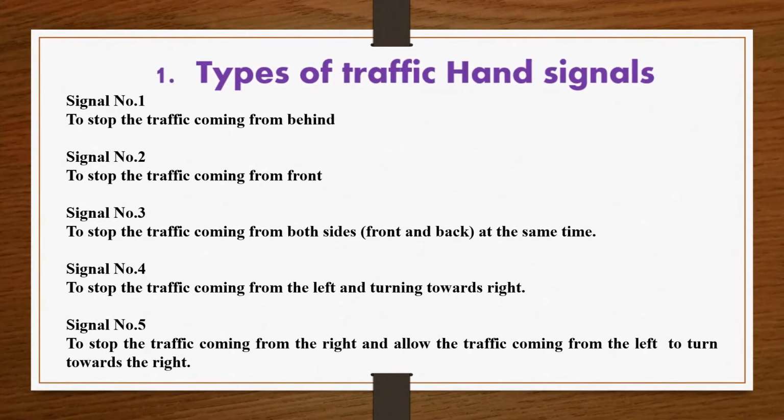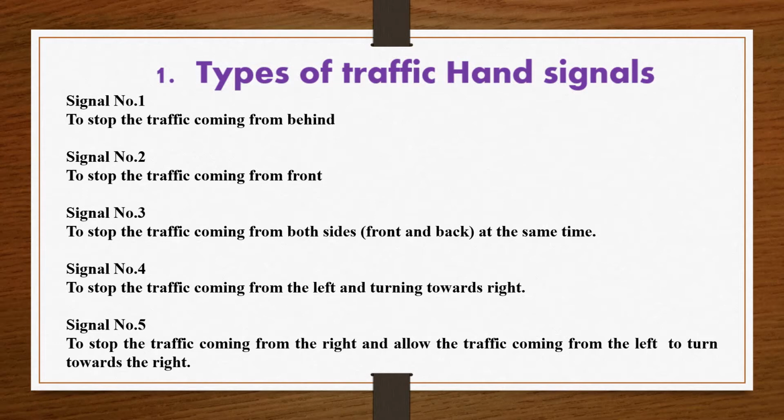Types of traffic hand signals. Students, here I have listed some traffic hand signals. Signal number 1, to stop the traffic coming from behind. Signal number 2, to stop the traffic coming from front.